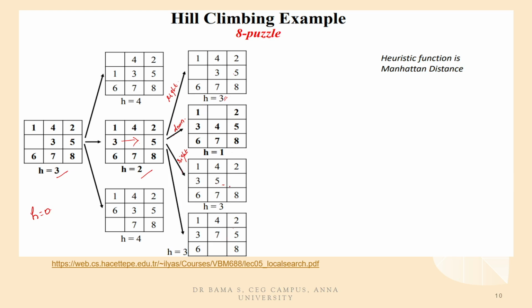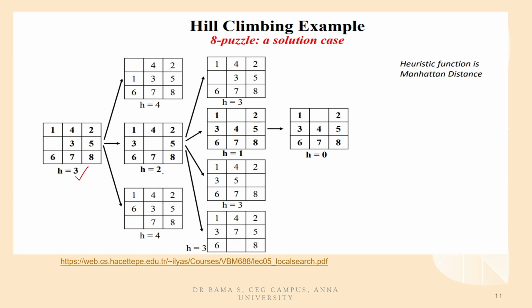Once you manipulate these positions, at this stage all the h values here and here are 3, and here also it is 3, but at this position h is equal to 1, because we want it to be on the reducing side. So, we have h equal to 3, we will choose the next better neighbor move, which is h equal to 2.